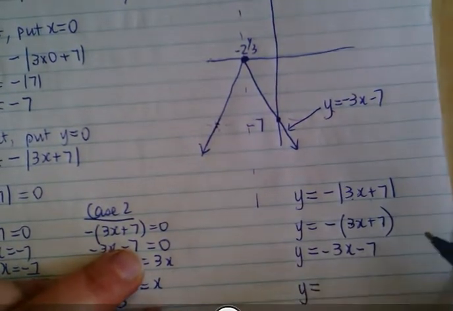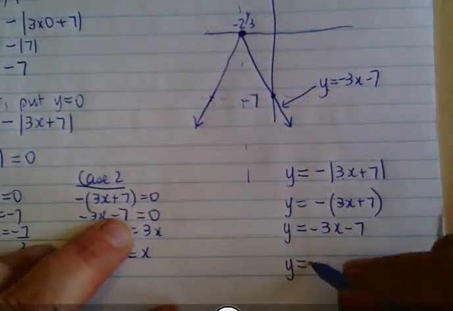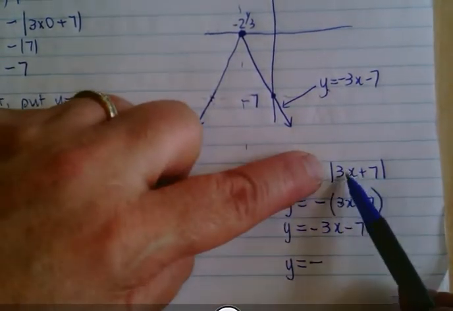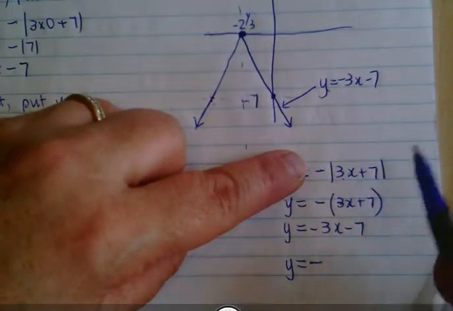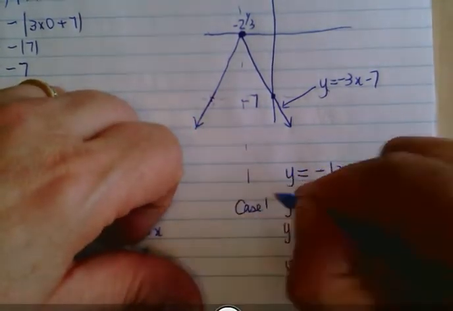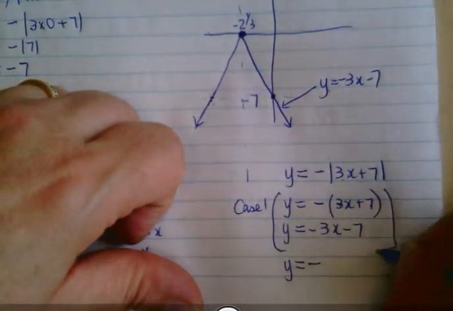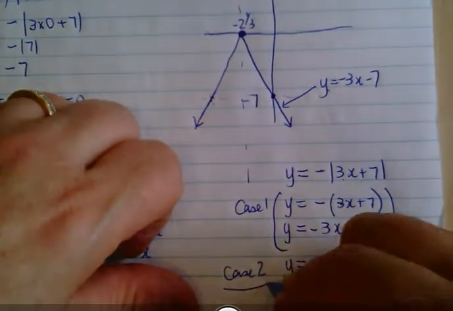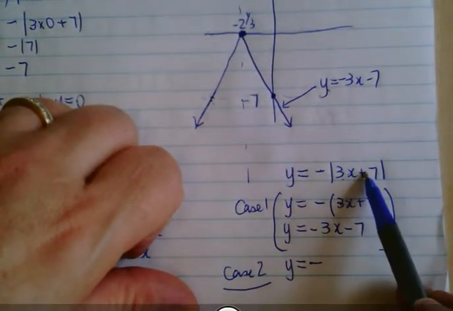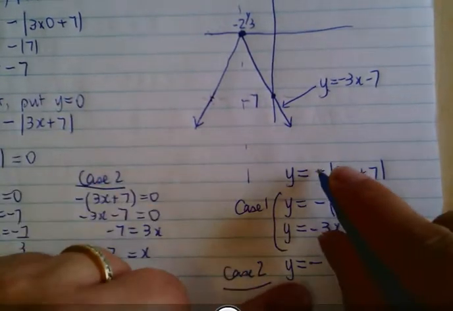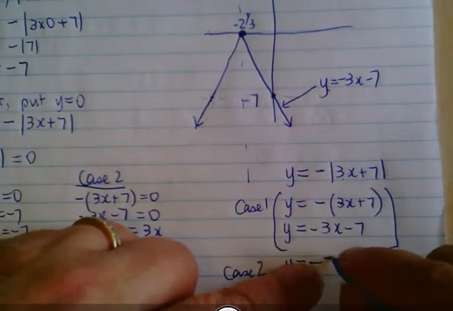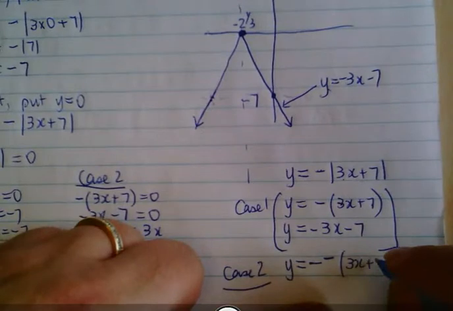And the other equation of this line, we've got negative. Now what's in here could also be negative. So that was case 1, and case 2 would be if what's in the absolute value sign is negative. So you put the negative here, but then it's negative again of 3x plus 7.